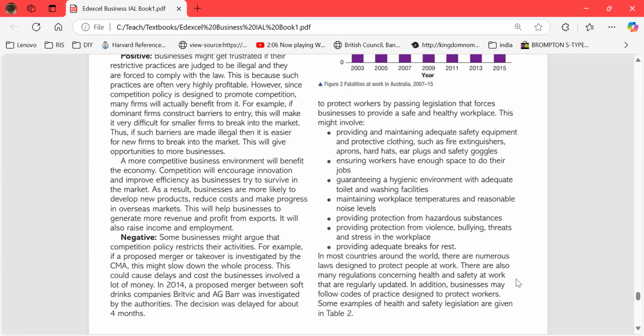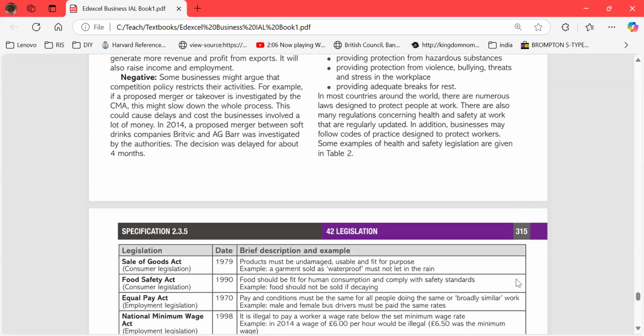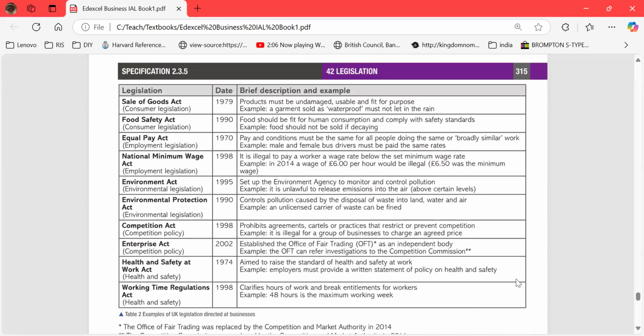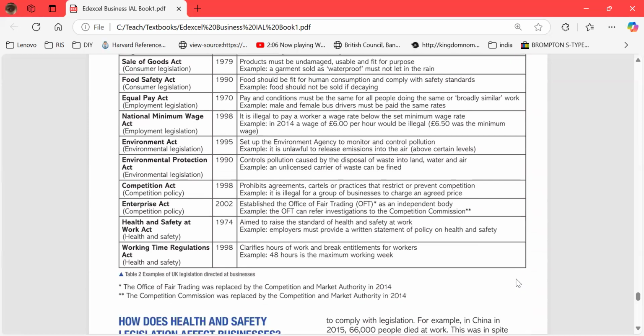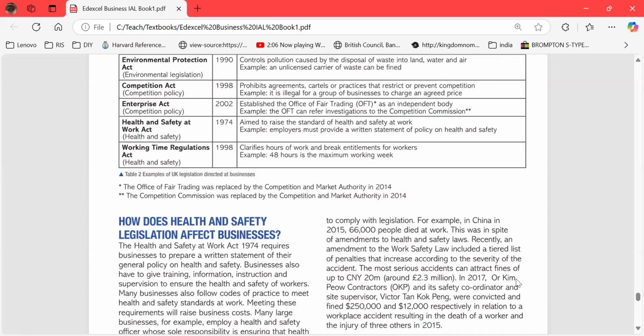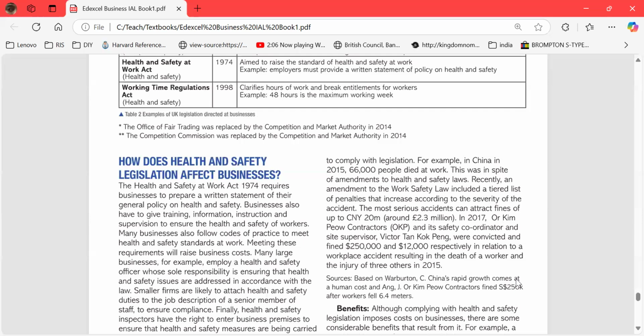There have to be proper toilets and washing facilities, and the temperature, noise, everything has to be human, it should not be inhuman, right? So there are some examples mentioned over here, which ensure safety. This example or law is from the UK, but all around the world it has been practiced.